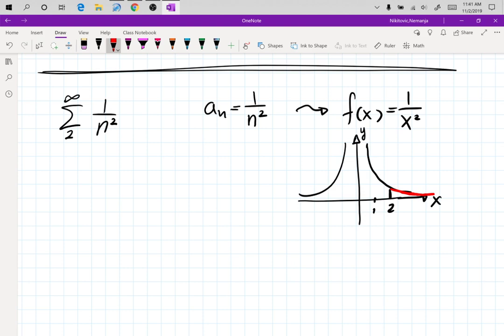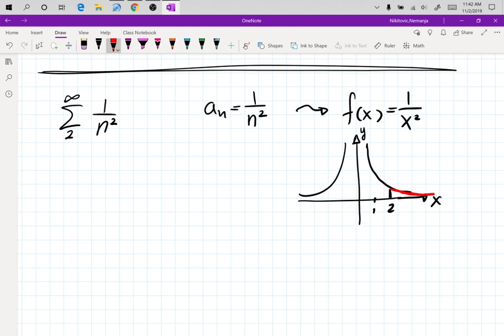Sometimes you will have the divergence test, where if the limit is equal to 0, then... no, I'm sorry, that tells you nothing. I just want to know what happens with the integral.